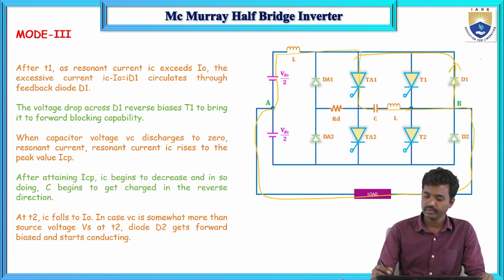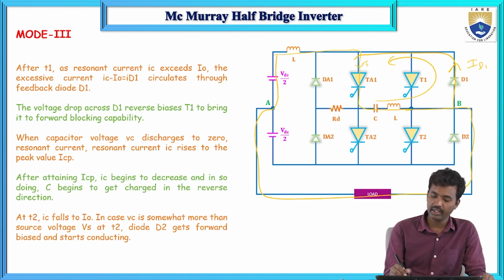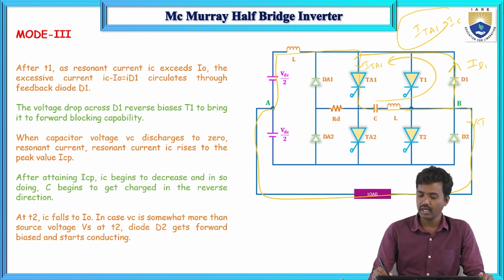This is D1. Current is discharging through this one. IT1 is open circuited. Now here ID1, and this is ITA1. ITA1 always equals IC, the same current, since they are connected in series, and this is the I naught.